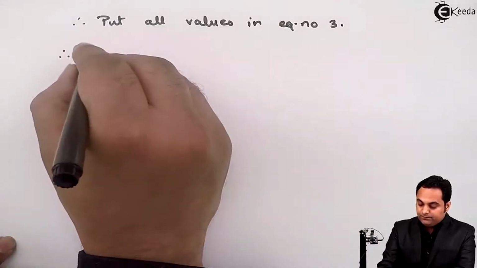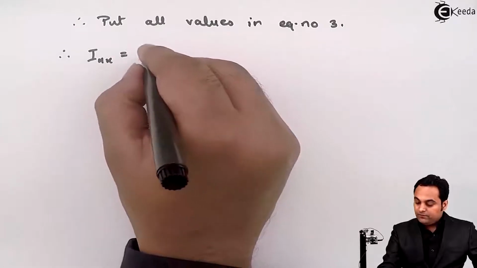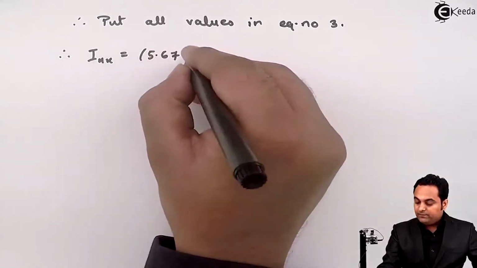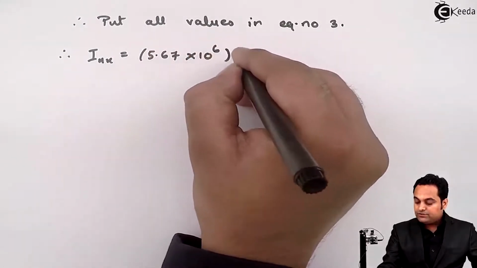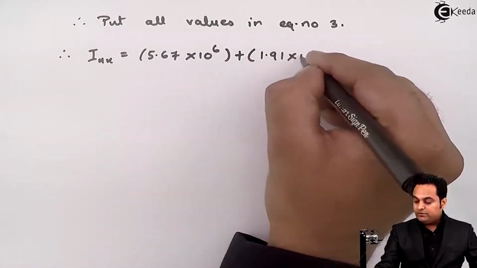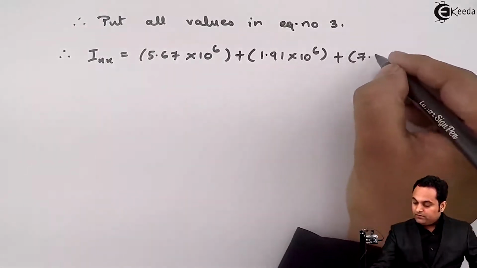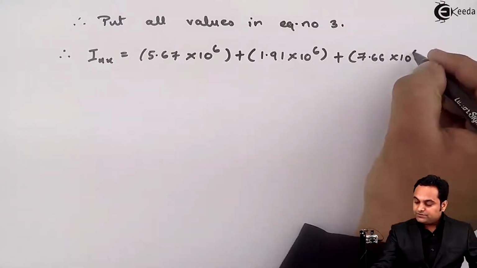So therefore Ixx is equal to, Ixx1 was 5.67 into 10 raised to 6, Ixx2 is 1.91 into 10 raised to 6, Ixx3 is 7.66 into 10 raised to 6.